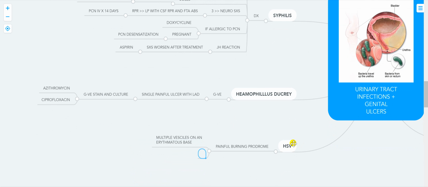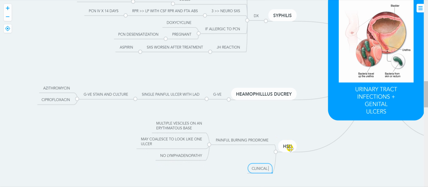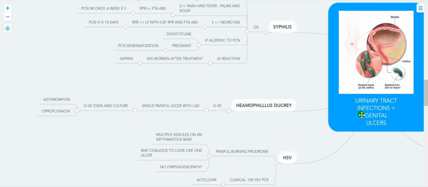These multiple lesions may coalesce to look like one ulcer, and there is no lymphadenopathy. That's very important. How do you diagnose it? You diagnose it clinically, or you can do HSV PCR. And then you treat it with acyclovir. That's it for herpes simplex virus.